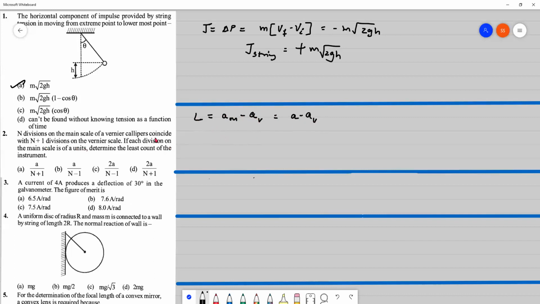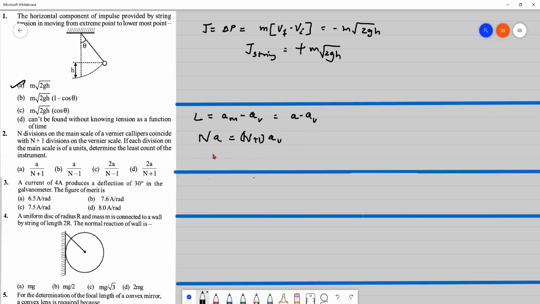Now it is given that n divisions on main scale, where one division on main scale is A, is equal to n plus 1 divisions on vernier scale. The vernier scale division we are having as A_V.